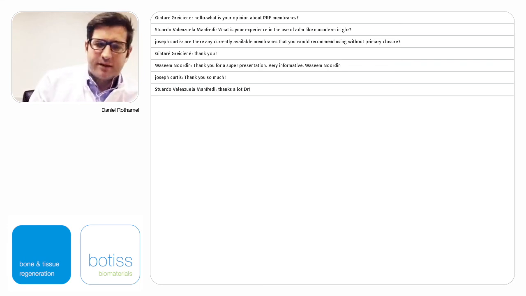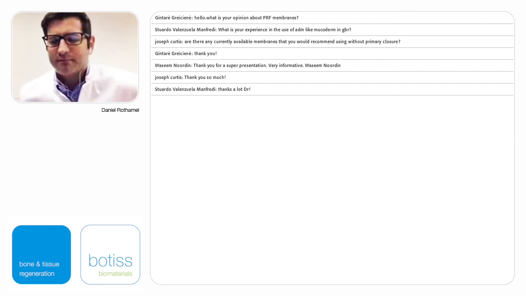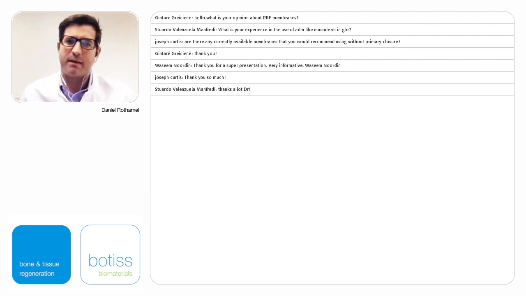So PRF membranes or PRGF membranes, for those of you who don't know what kind of membrane this is, are membranes that are based on the idea of harvesting the fibrin from the patient's blood, separating it with a centrifuge and using it as a membrane. The name is quite similar because the morphology is like a membrane.